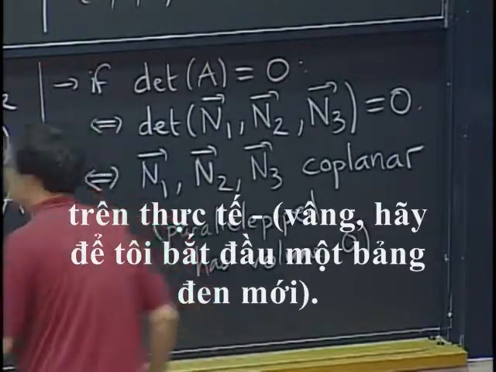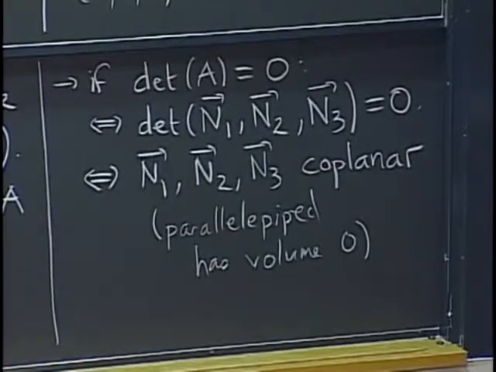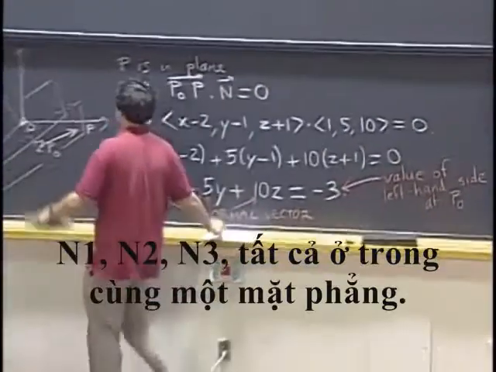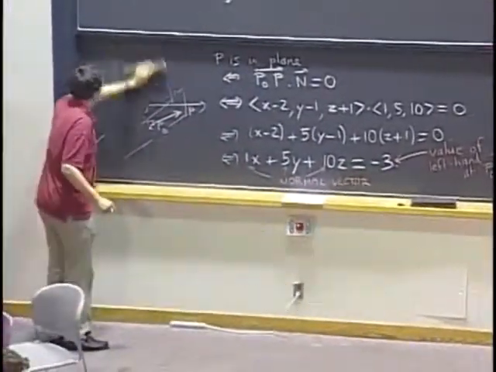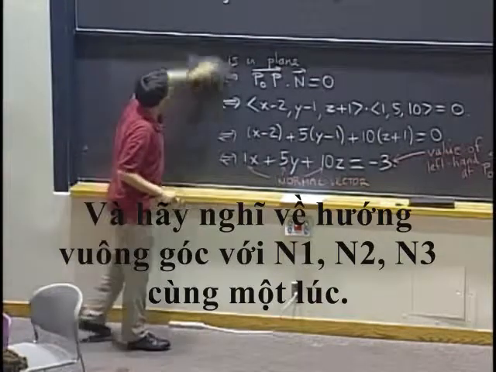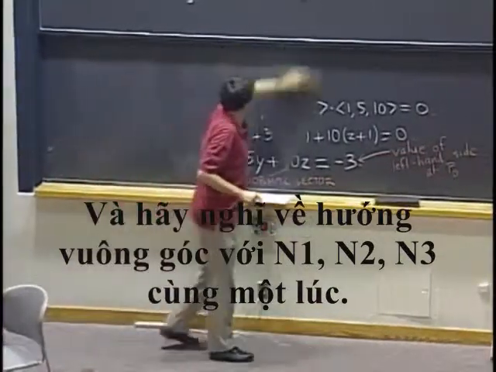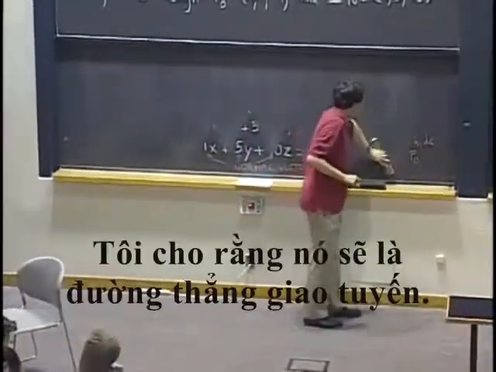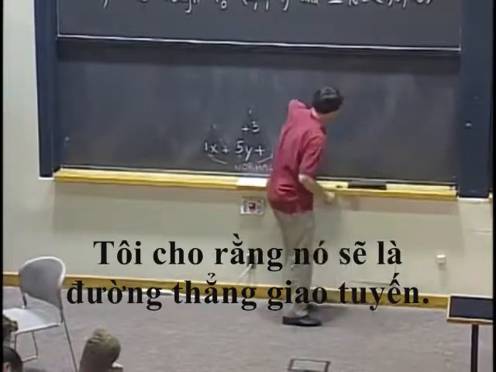Let me start a new blackboard. Now let's say that our normal vectors n1, n2, n3 are all in the same plane. And let's think about the direction that's perpendicular to n1, n2, and n3 at the same time. I claim that will be the line of intersection.